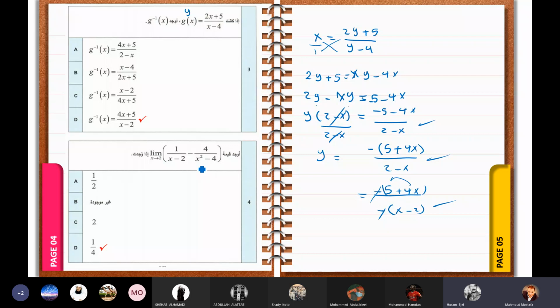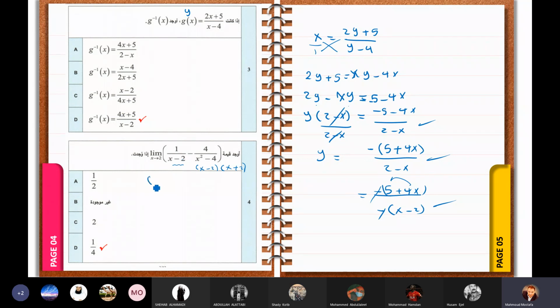First, we have to find the common denominator. x squared minus 4 we can factorize as x minus 2 times x plus 2. So it's easy to say that I can multiply the first one by x plus 2, up and down.